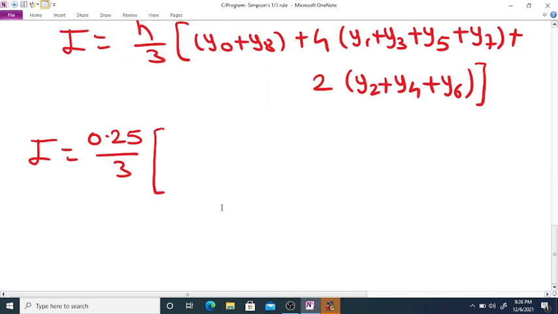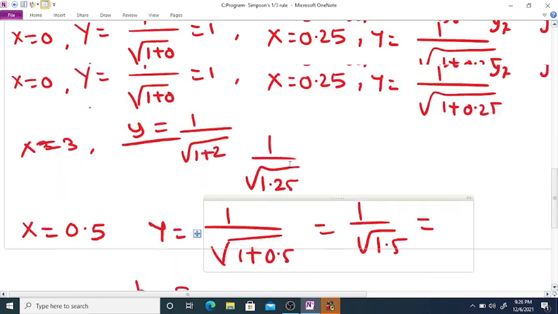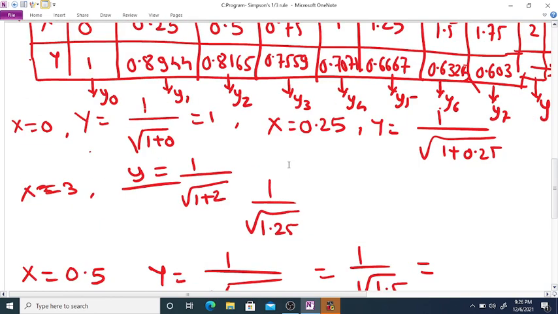It is equal to 1 plus 0.5774 plus 4 times all odd terms, so it is equal to y1. So what is the value of y1 here? Y1 is 0.8944. You can see here, this is the value of y1, 0.8944. This is the value of y3.